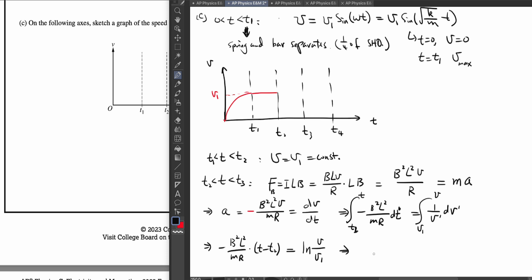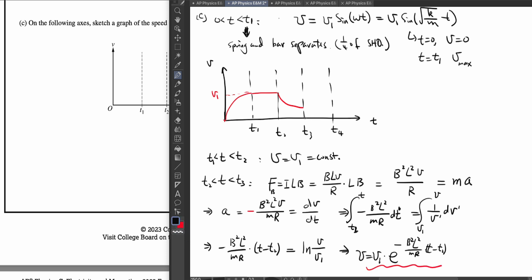So v equals v1 times e to the negative b squared L squared over mr, and then t minus t2. So that's the relation we needed. So it's an exponential decay function. So you should have an exponential decay like this. Okay, that's from this relation here.